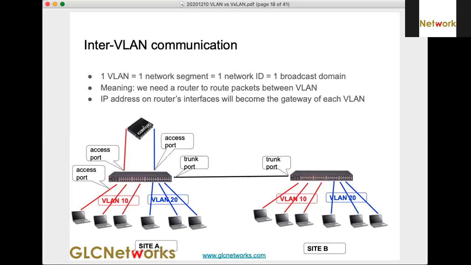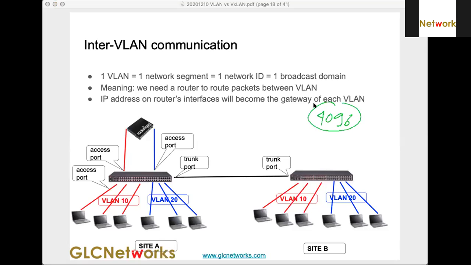The problem is we may have many VLAN IDs. In one organization, if you implement VLAN, we have 2 to the power of 12, I think. So the maximum VLAN ID is 4096.